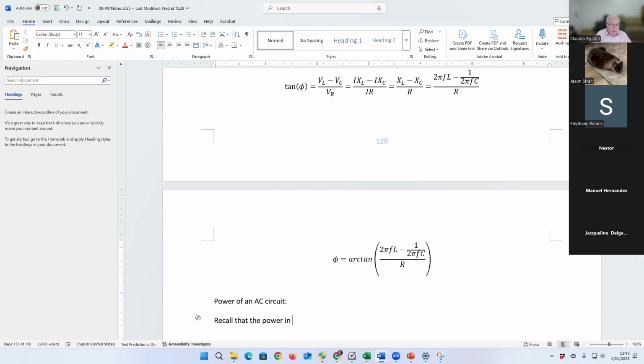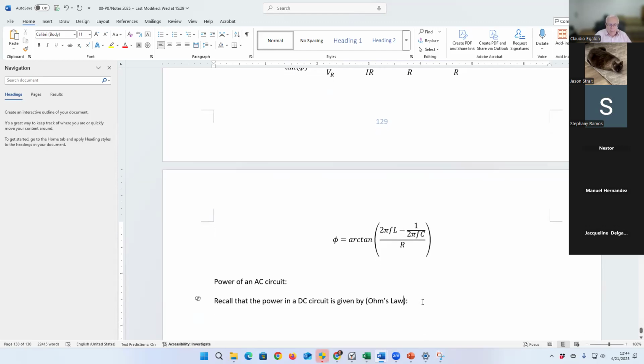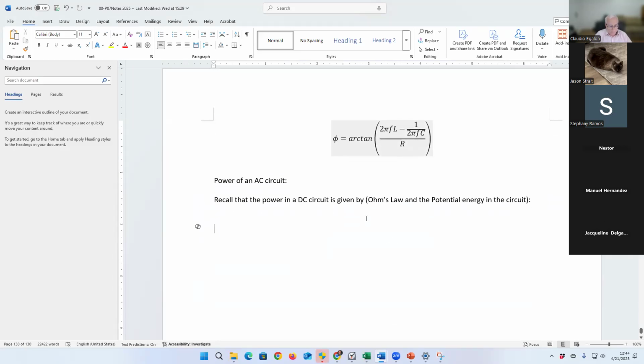Recall that the power in a DC circuit is given by, don't forget, what we obtained from Ohm's law and the definition of the potential energy in the circuit: VI, or RI squared.